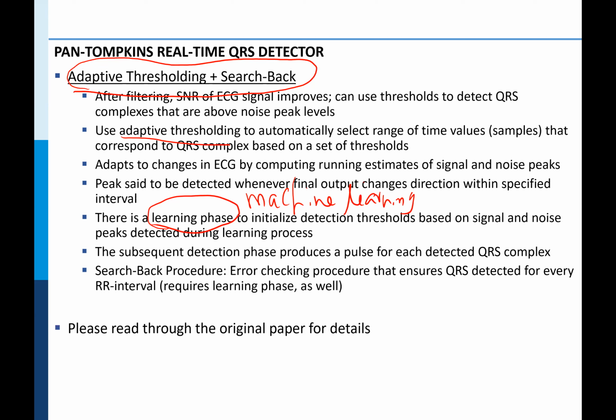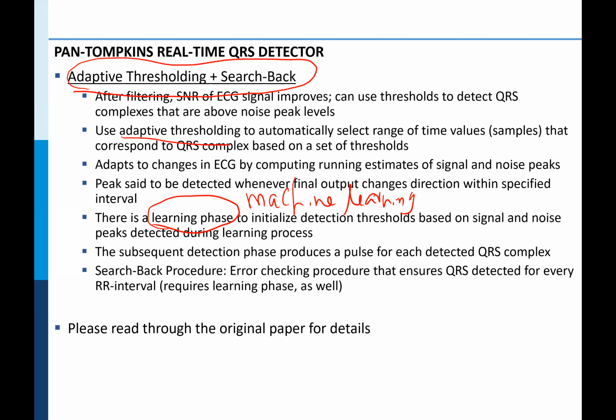The thresholding scheme is done as per an algorithm they provided in the paper, and I would really like you to go through that in detail. It will also give you some ideas for your own projects. It could be modified; that's open for a lot of innovation in the area of thresholding.